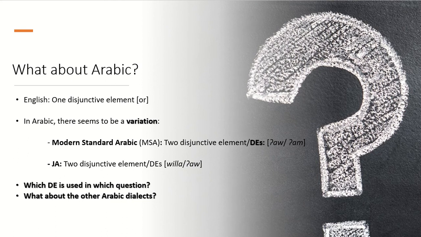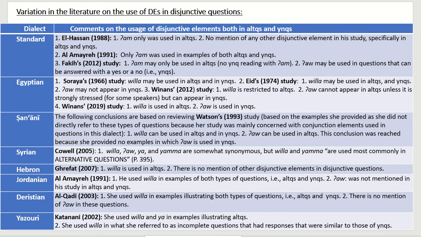This table shows the variation in some Arabic dialects. In Jordanian Arabic, only one study provided one example of each of alternative questions and disjunctive yes-no questions, which is the study conducted by Al-Amairi, 1991.